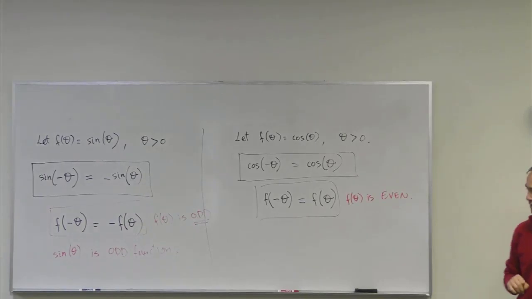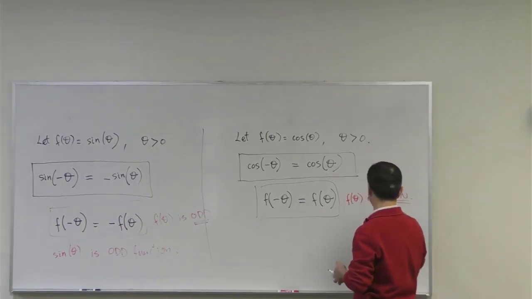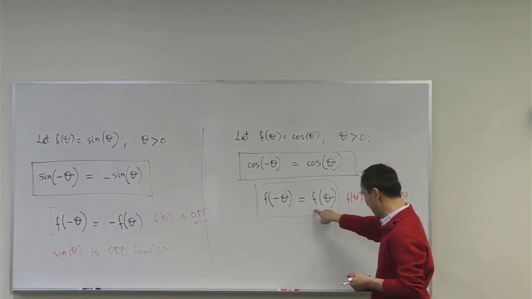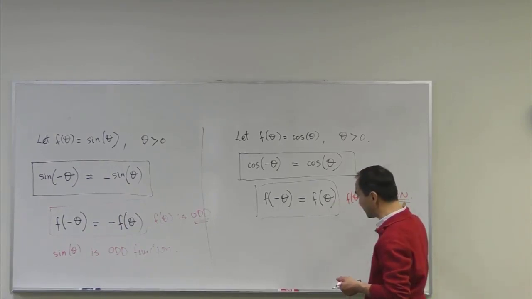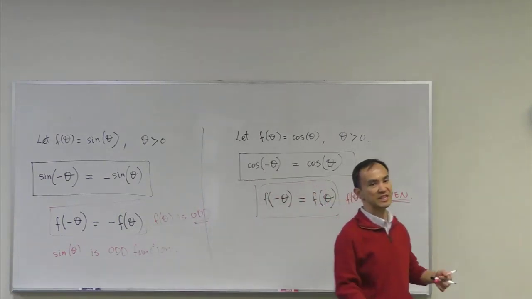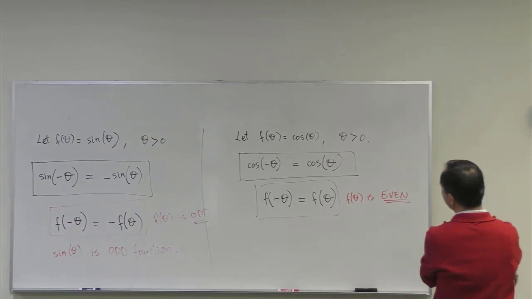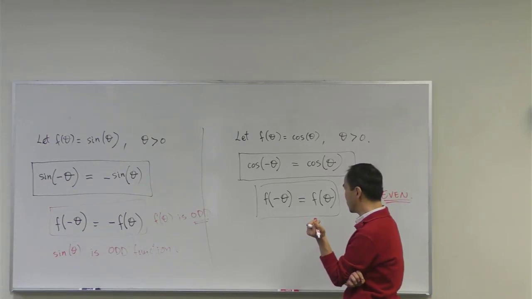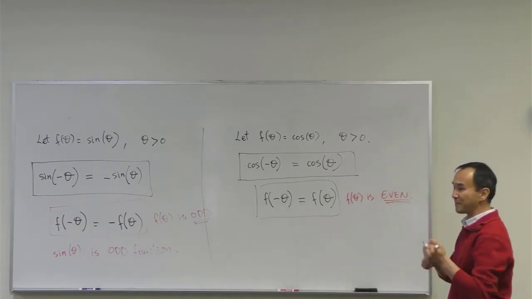And in case this understanding has faded from you, that's okay. Right here, this is also the way we define what it means for a function to be an even function and for a function to be an odd function. Even if you may not have seen that back in pre-calculus 1, it should have been taught there, but in case you don't remember or it was not formally mentioned, then that's how it is.